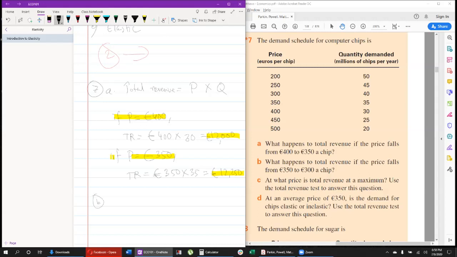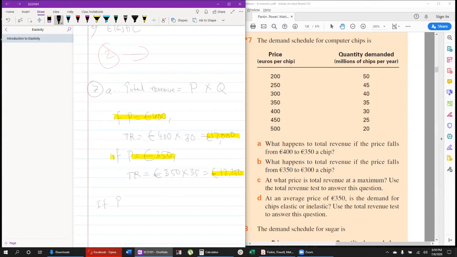Oh, no, wait. The question was, part A was, what happens to total revenue if price falls? Okay, so we still have to write down the answer.